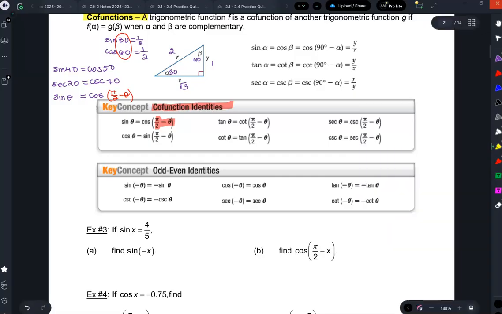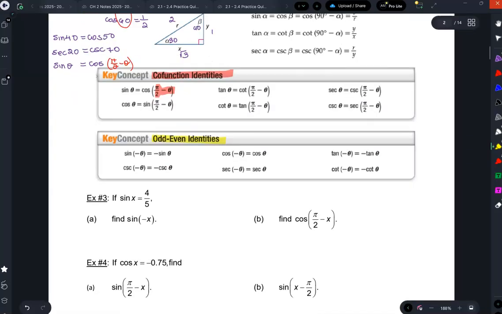Next, let's talk about odd and even identities. We've actually talked about this a little bit because we had some homework problems on it in the last chapter. Sine of negative theta is negative sine theta. Do you remember doing this? Where we had theta, and we said this is the sine of it. And if we have negative theta, now this is the sine of it.